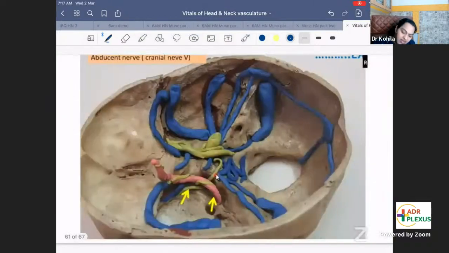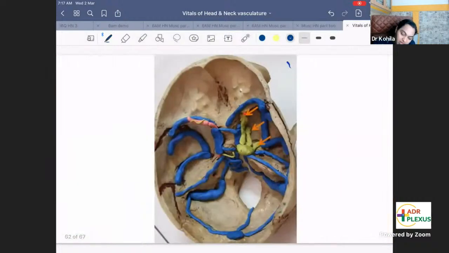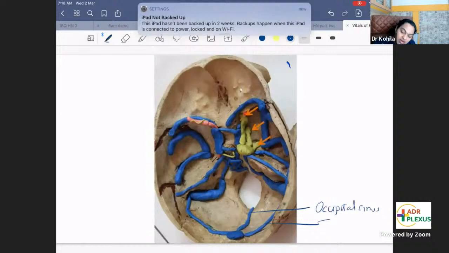This I tried with clay some 2 years back. Here the same thing. This is your occipital sinus. The transverse sinus. You can identify the sigmoid sinus here.